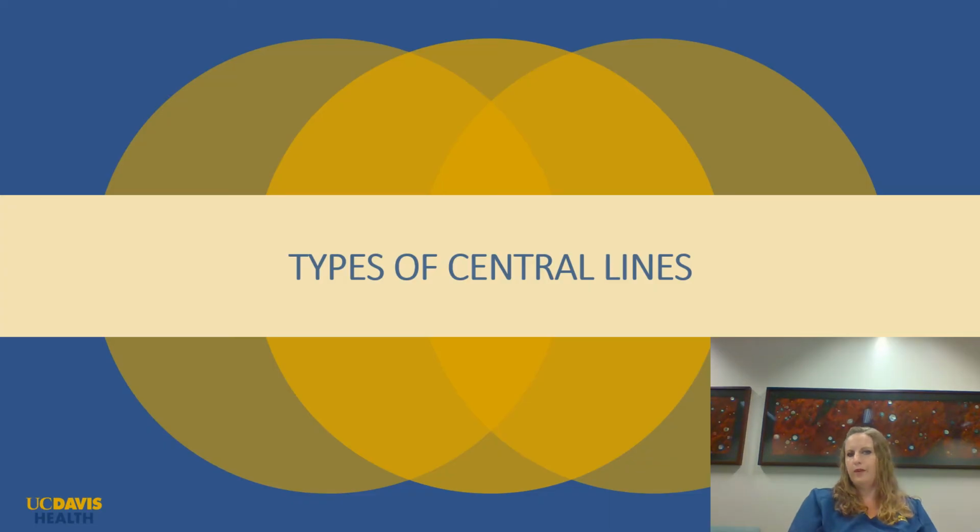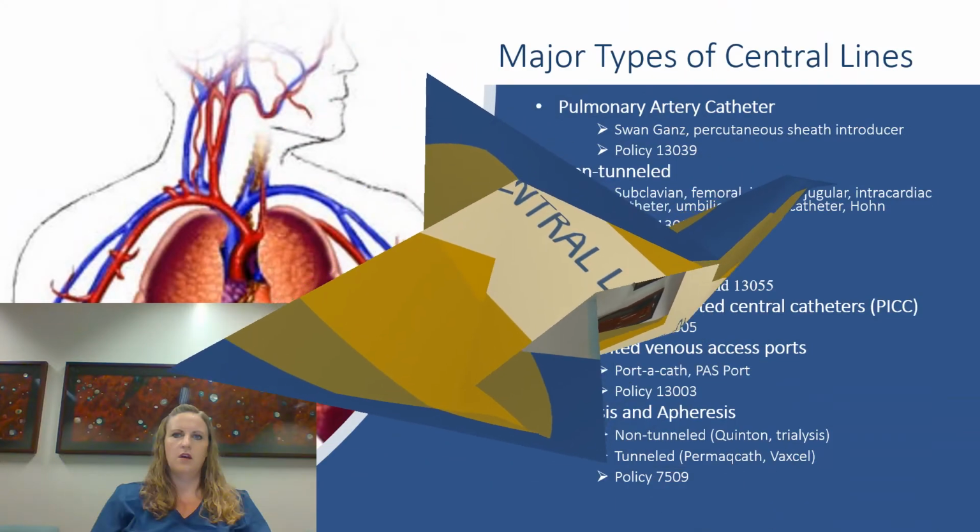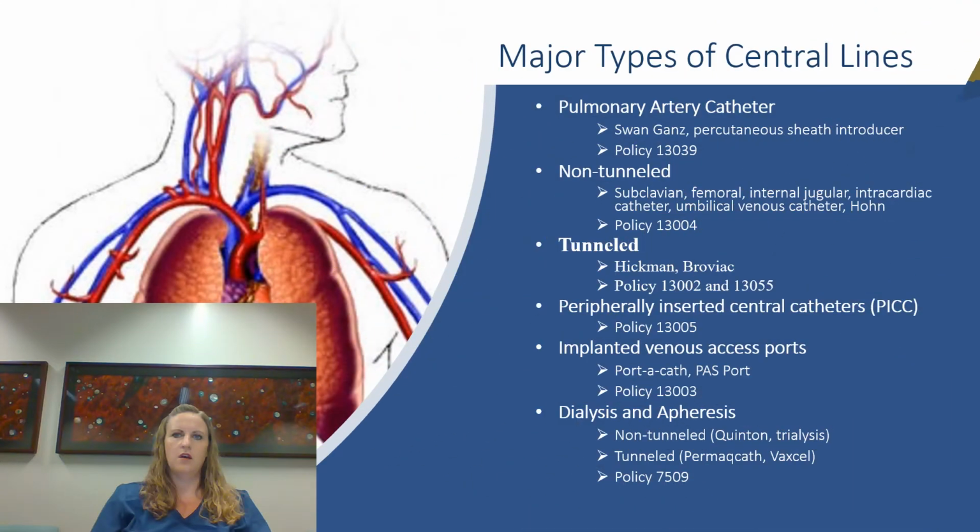Now that we briefly looked at the different indications there are for central lines, let's go ahead and go into the different types of central lines there are. There are many different types of central lines that you may see in your practice. These are the major types of central lines that you may come across in our facilities and the corresponding policies for the care and management of these lines.